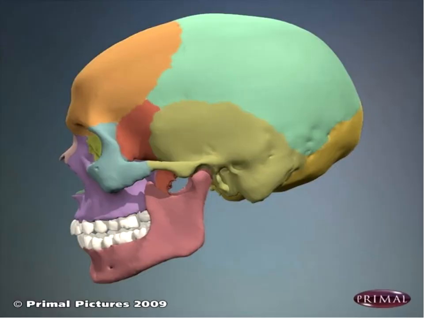So here, this is the frontal skull, or frontal bone, the parietal bone, the temporal bone, and then we have the occipital bone here. And they overlie the frontal lobe, the parietal lobe, the temporal lobe, and the occipital lobe.